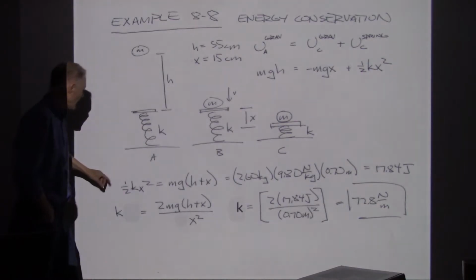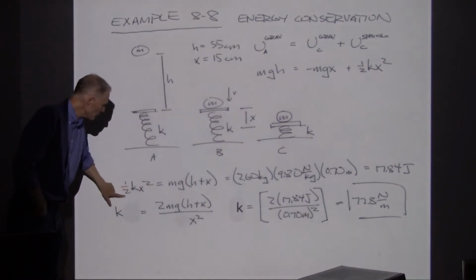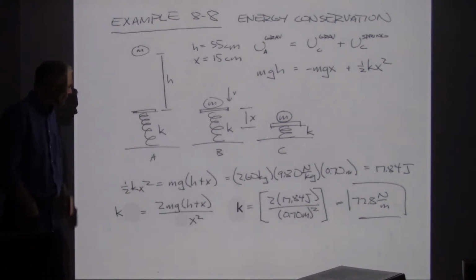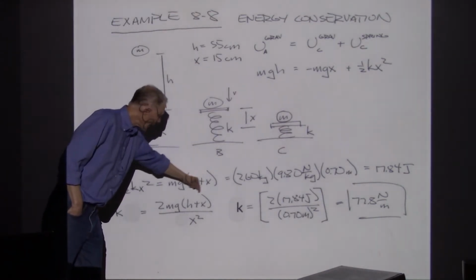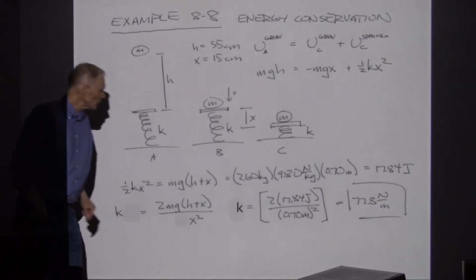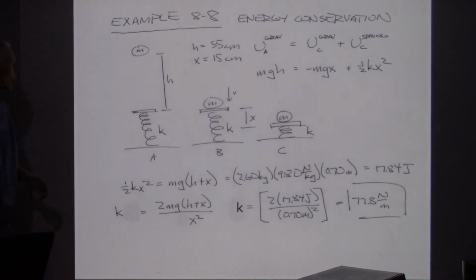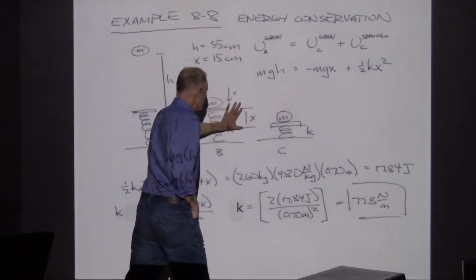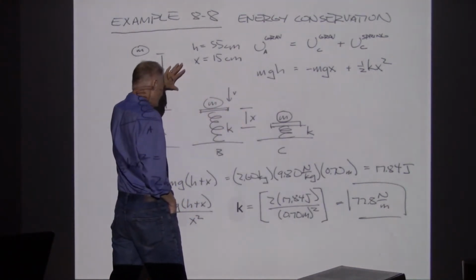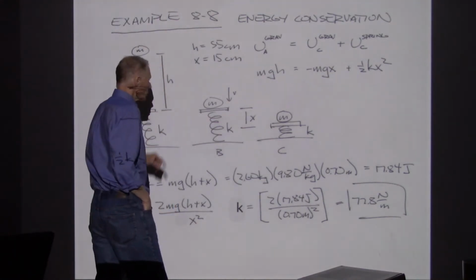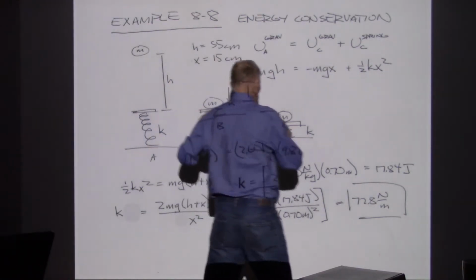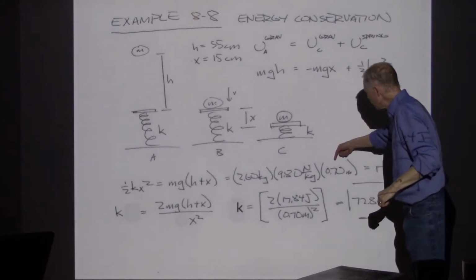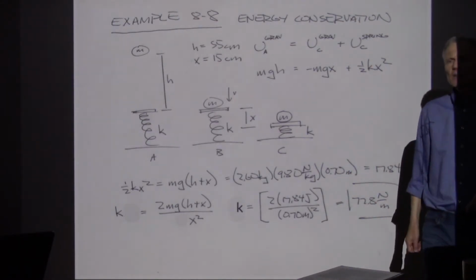What that's going to look like is the energy stored in the spring at the end is equal to the combined gravitational potential energies of the 15 centimeters plus the 55 centimeters. So between pictures A and C, this dropped a total of 70 centimeters.